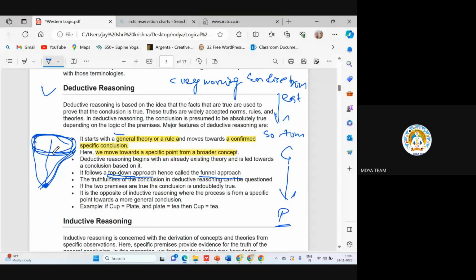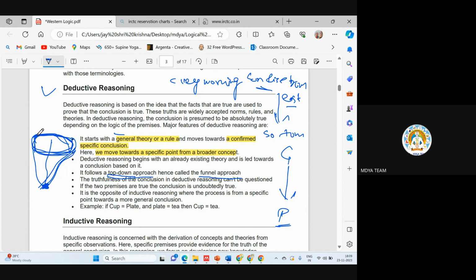because as we are moving, it is a broader concept. Every morning, sun rises from east. It is a broader concept. And from a broader concept, we are moving towards a specific condition. Like tomorrow morning, sun will also rise from east.